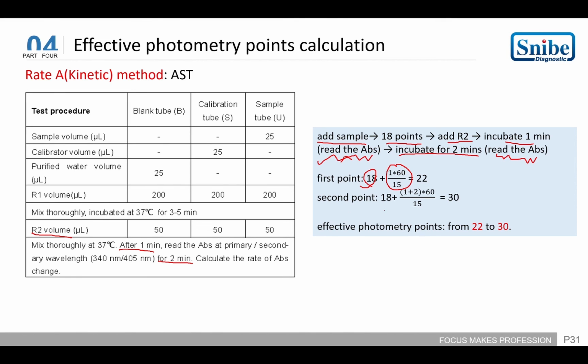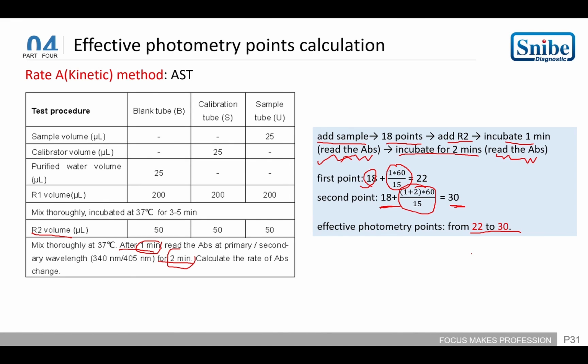And the second point is 3 minutes, because this is 1 minute and this is 2 minutes, so they have to be added together and multiplied by 60 seconds, then also add 18. Thus, we can calculate the effective photometry points is from 22 to 30. This is the rate A.